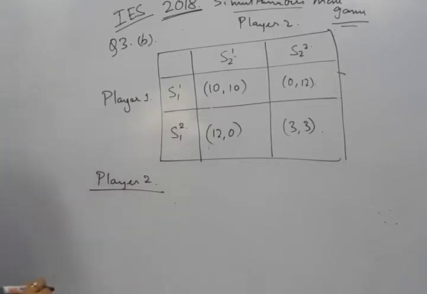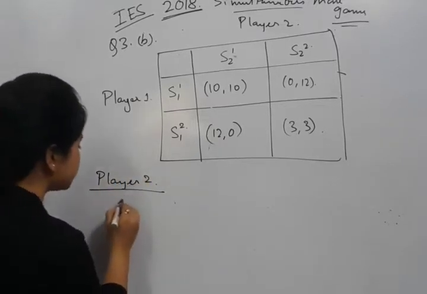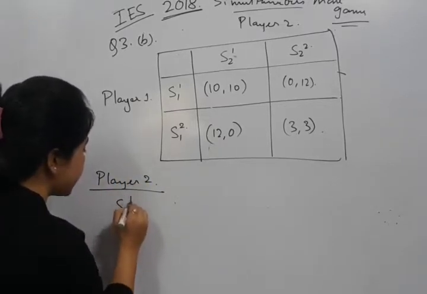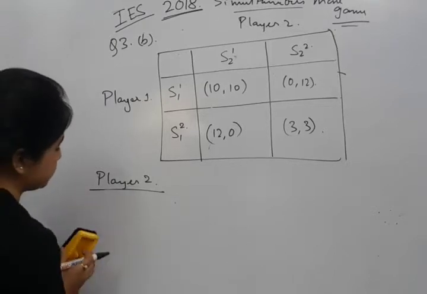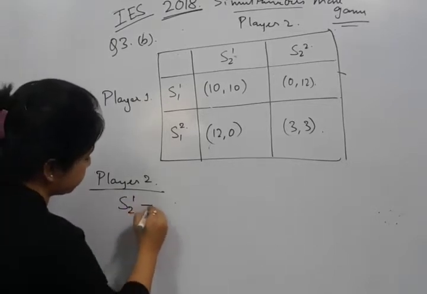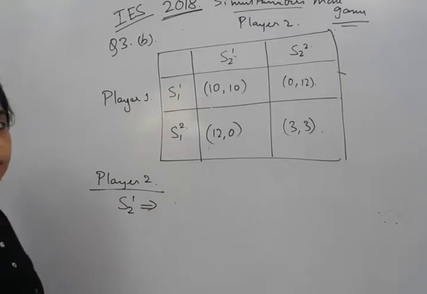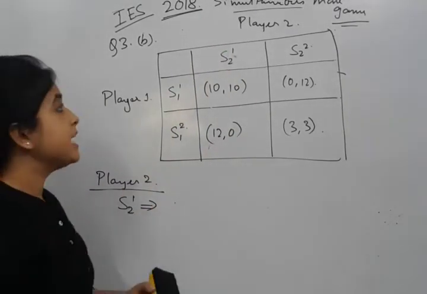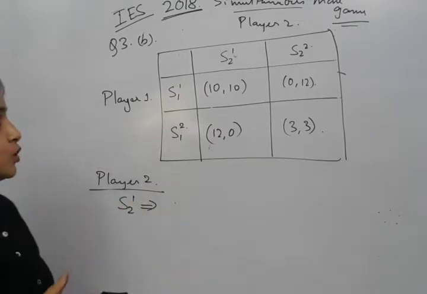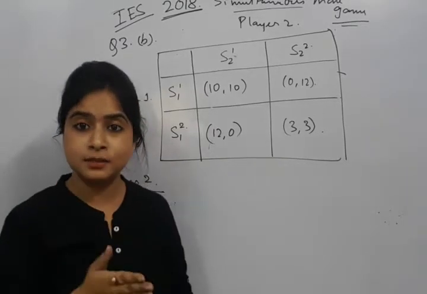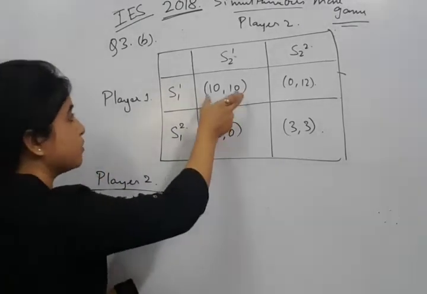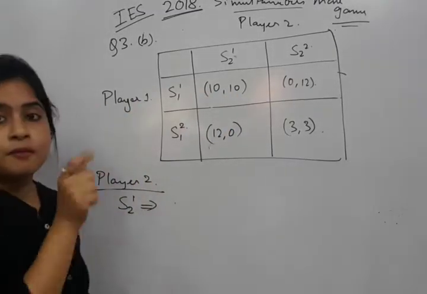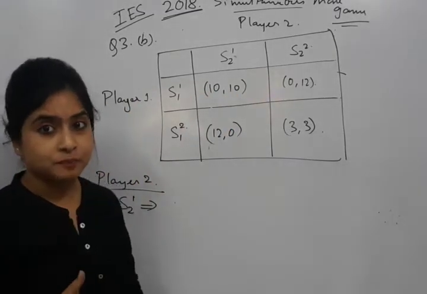Now player 2. If player 2 chooses strategy S2 dashed, that means player 2 is playing S2 dash. Now, I have already told you, we have to look in the first part of this payoff, which represents the payoff of player 1 only.